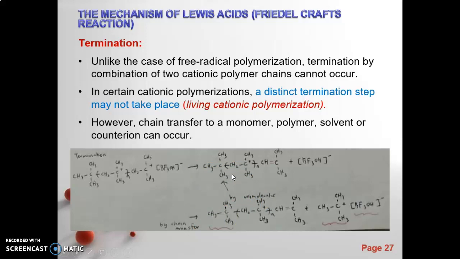And how to draw the mechanism in termination by unimolecular is you have to put the double bond here, okay? Because there is no positive charge here, no cation. So you must complete its carbon to 4. So put a double bond, don't put H, okay? Put, what do people call it, proton, double bond.